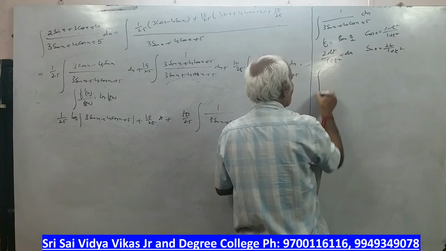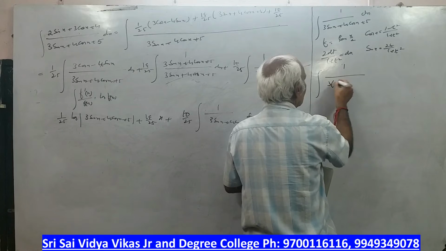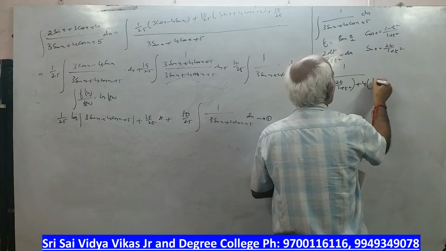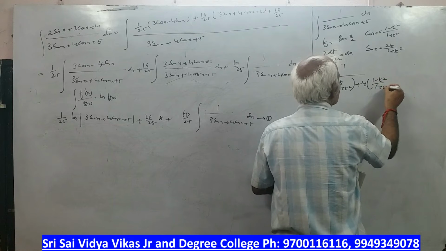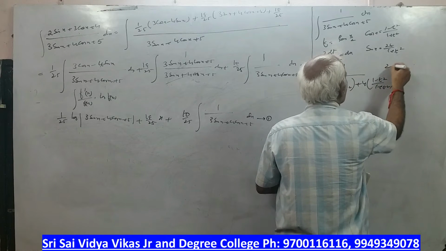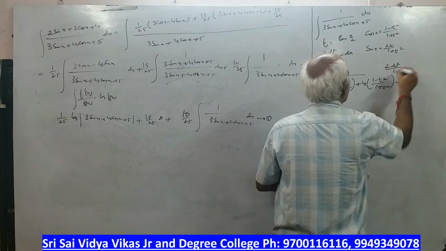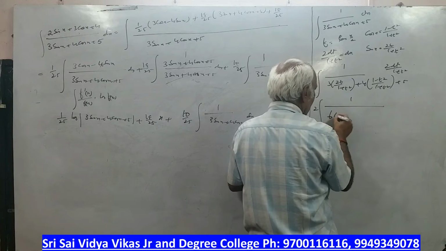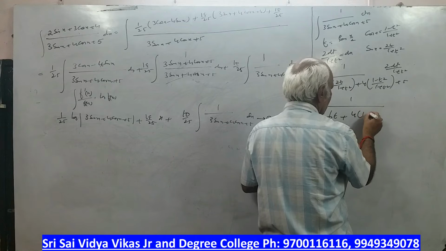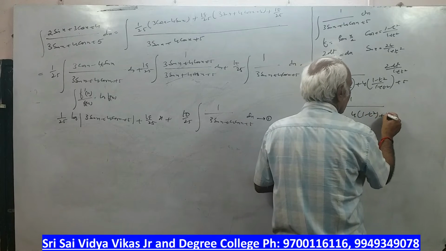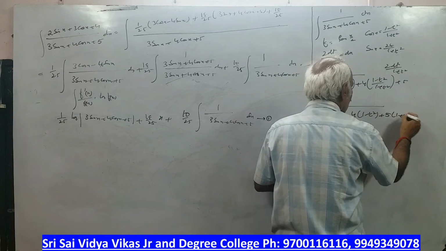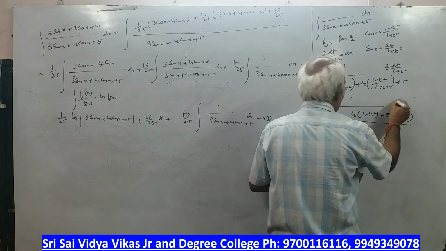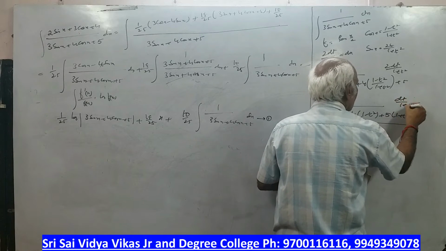Right? Therefore, the integral is 1 by 3 into 2t plus 4 into 1 minus t square plus 5 into 1 plus t square by 1 plus t square, dt by 1 plus t square.